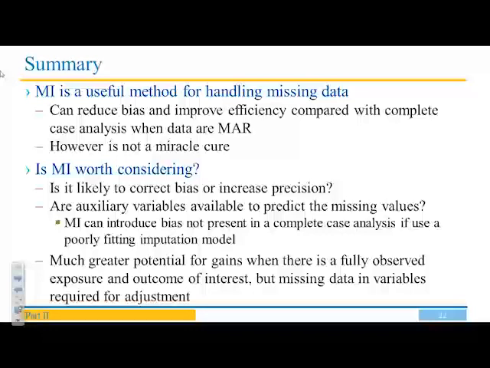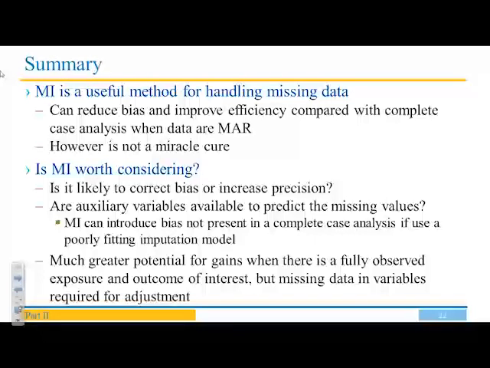Right. So in summary, multiple imputation is a useful statistical method for handling missing data. It can reduce bias and improve efficiency compared to complete case analysis when the missing data assumption is MAR. However, there are some specific scenarios under MAR and MNAR where you get valid results using complete case analysis.